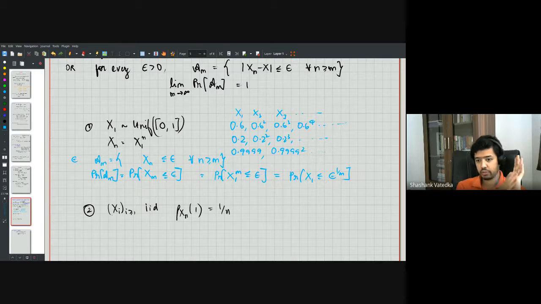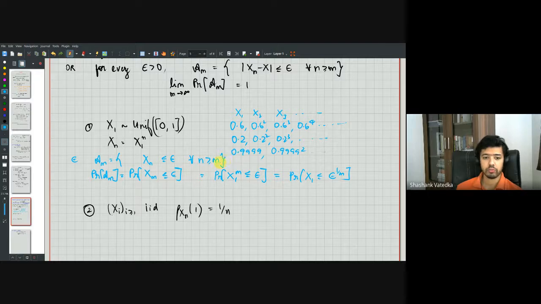So let's do a quick recap. We have a sequence of random variables x1, x2, x3, and so on. I'm defining the following event, which I call AM. It's a function of m, and also a function of epsilon. The event is that xn is less than or equal to epsilon for all n greater than or equal to m.